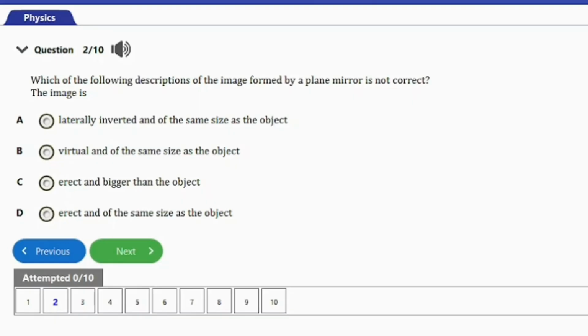C, erect and bigger than the object. D, erect and of the same size as the object. So guys, obviously the answer to this question is option C. The image formed by a plane mirror is not bigger than the object, and as such, option C is the answer to this question. So let's go ahead and consider the next question.